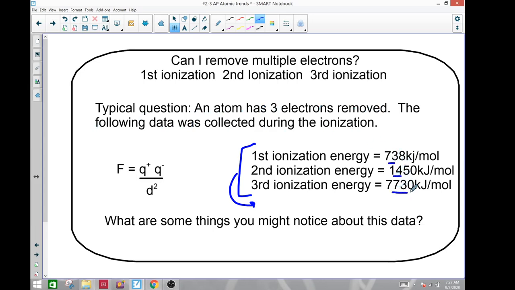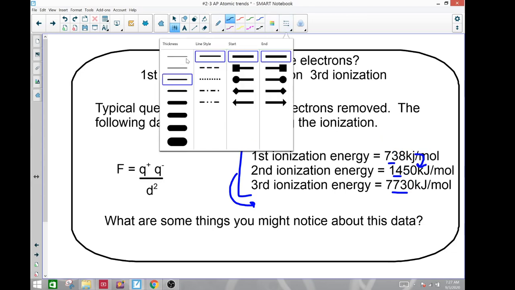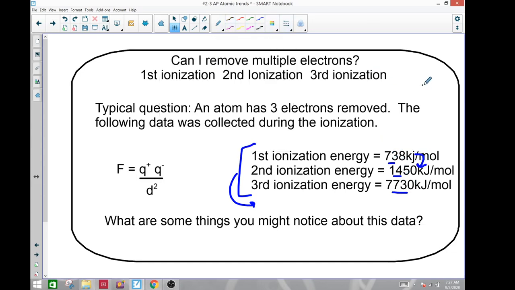So if you look at this, you must see, okay, we know that successive electrons, it always gets more difficult to remove. And the question might be, okay, that's fine, but look what happens to this guy. It is way, way, way bigger. So something happened between these 2 points here.